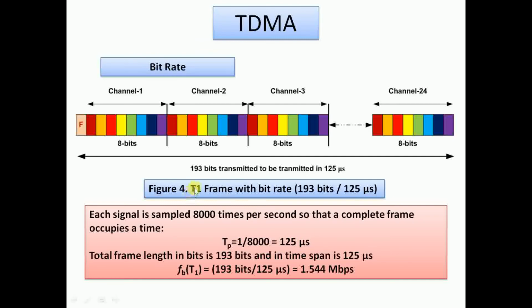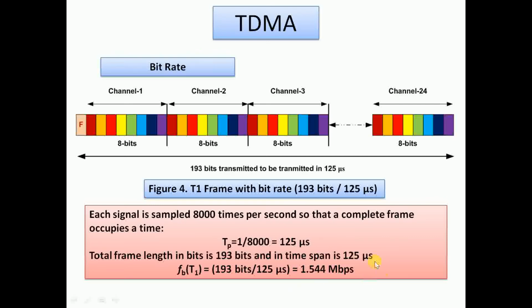So if we see the bit duration in frame is 193 bits, and these 193 bits are being allotted a time of 125 microseconds. By this calculation, the data rate for transmission of one frame comes out to be 1.544 megabits per second.